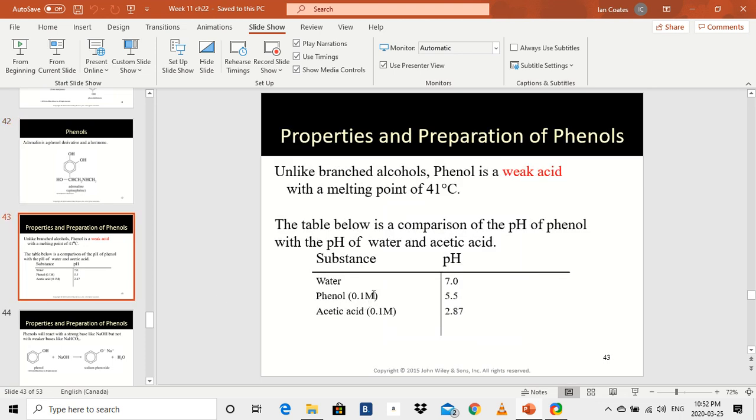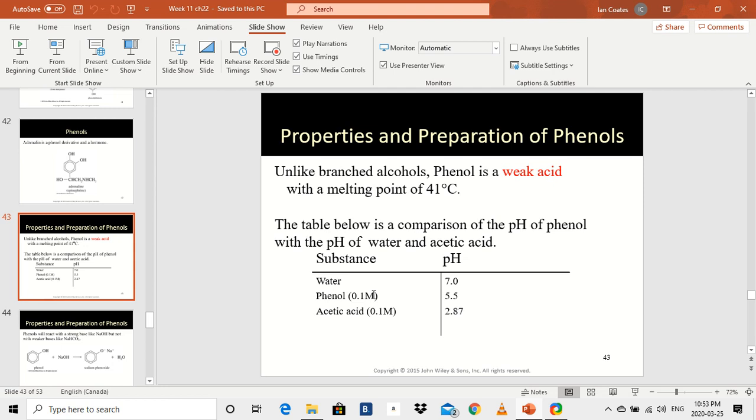Properties. Unlike branched alcohols, phenol is a weak acid, and when we say acid, it's not an acid per se, like hydrochloric acid. An alcohol is an OH group.